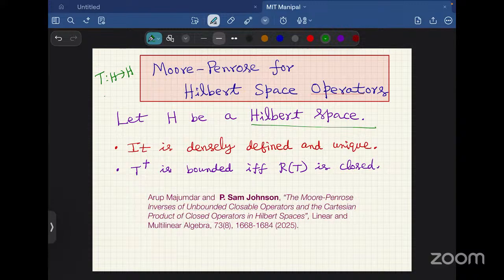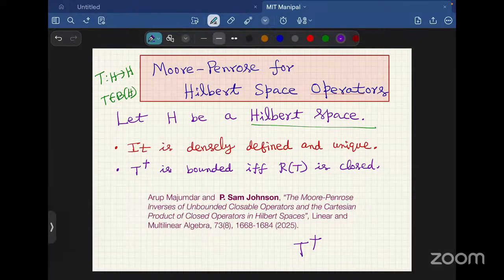T is a bounded linear operator, so the image of the unit ball is bounded. For any T, we can always talk about T dagger. T dagger exists, there is no issue, but T dagger may not be bounded in general.